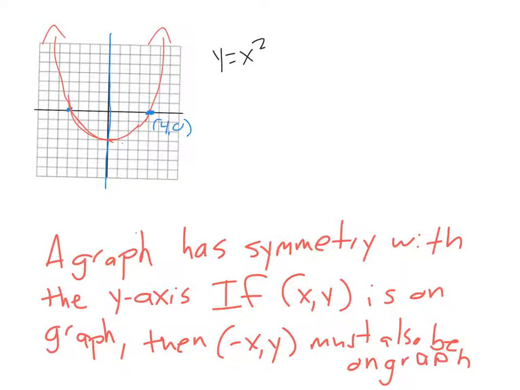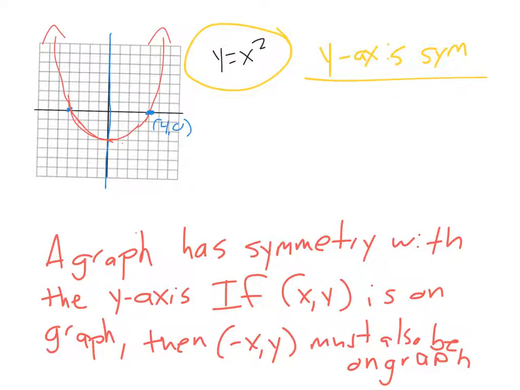I'm going to show you how that plays out. We know that a general parabola should be symmetric with respect to the y-axis. This is how we can test that. If x, y is a point on this graph and it has symmetry with the y-axis, so I'm checking for y-axis symmetry, then negative x, y must also be on there.